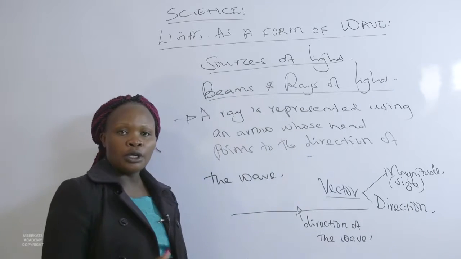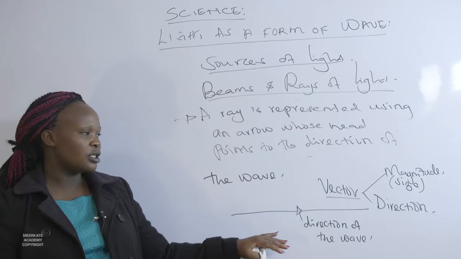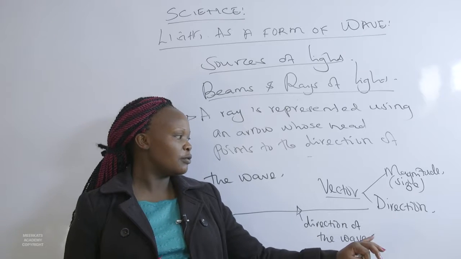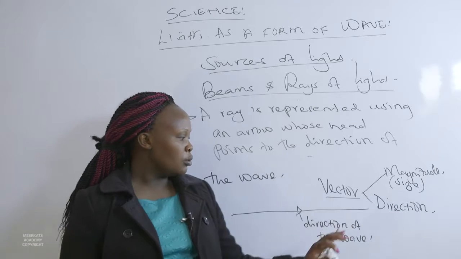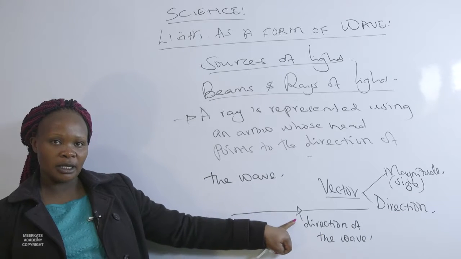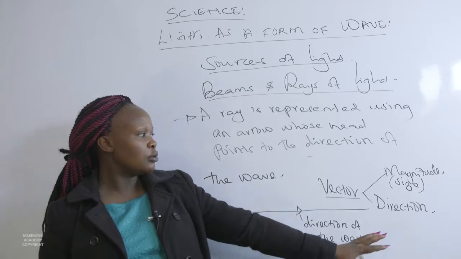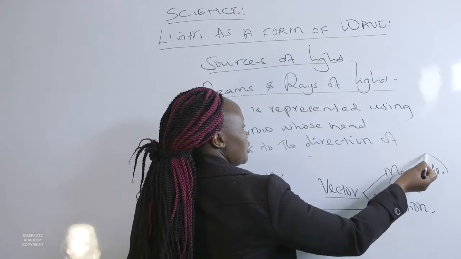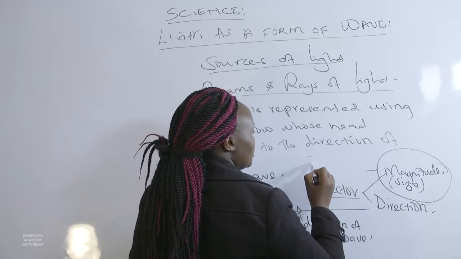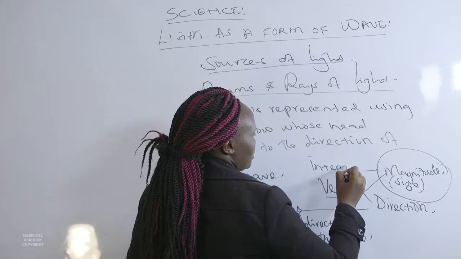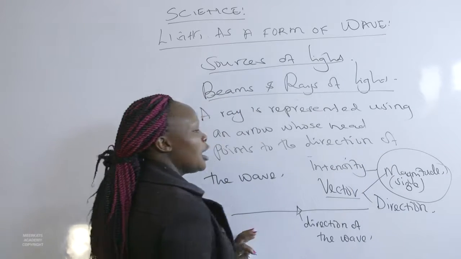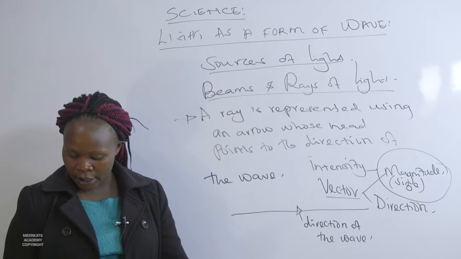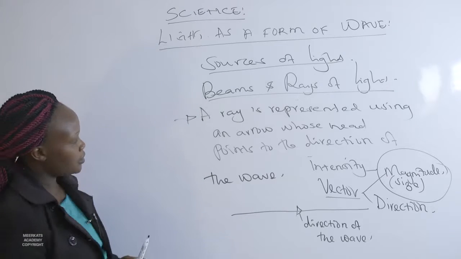For you to be in a position to describe this wave fully, you ought to give us some information about the direction, which is going to be suggested by the arrowhead, and then you will have the magnitude, which should inform us about the intensity. How strong is this light of ours?